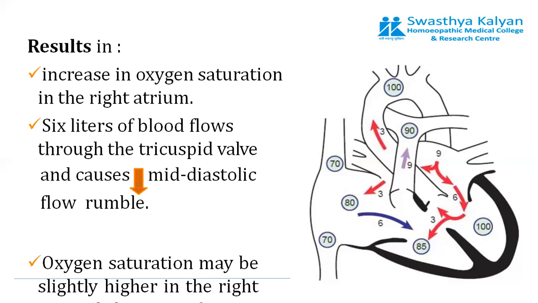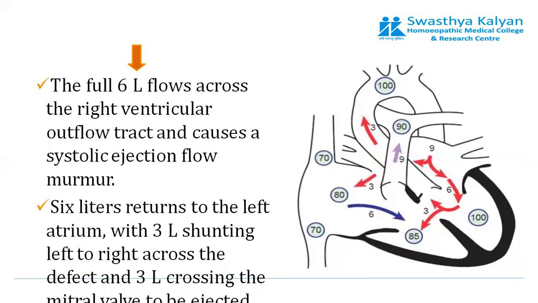But as there is extra blood in the right atrium, it will keep flowing. When the ventricle is supposed to be completely filled, there is still rushing of blood across the tricuspid valve, which causes a flow rumble.